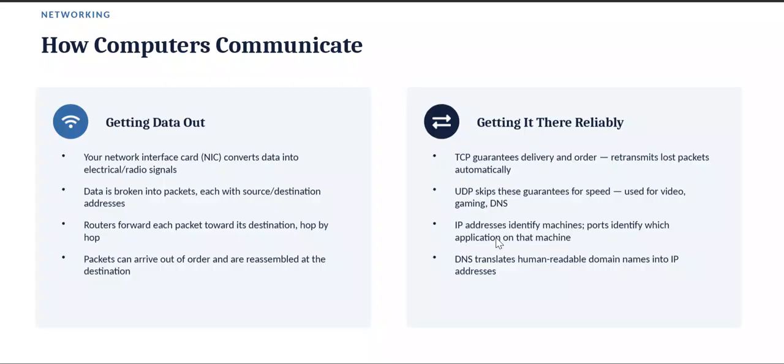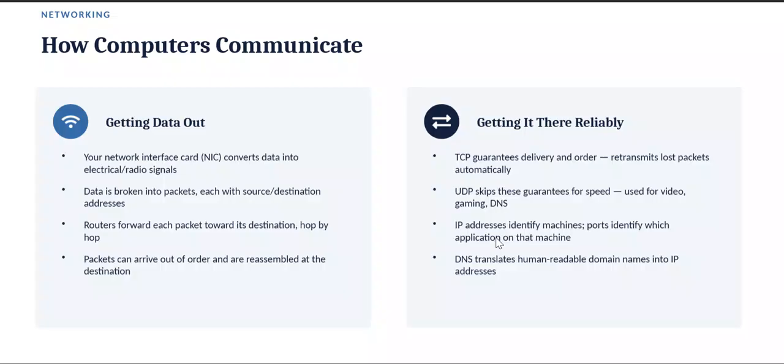Now, the port is like the apartment of the particular application that you are using on that machine. The port is the particular apartment number, I would say, of each application on your machine. Each application has a specific port it is running on.